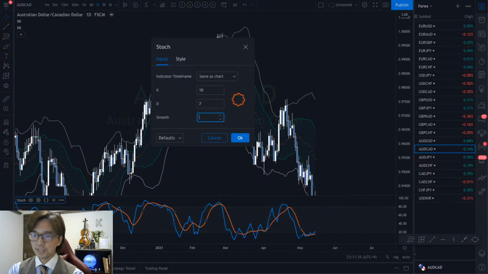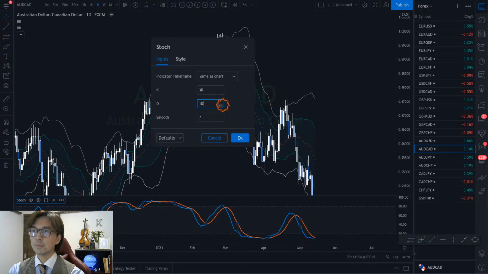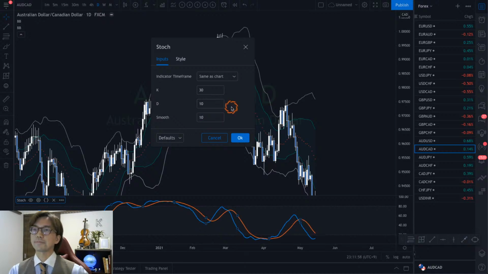I have been switching these indicator settings a lot. I used to use 10-7-7, but still it was a bit too short in terms of the slowing. So finally, I started to use 30-10-10, and I found this setting is the best to capture the edges in lower time frames. So that's why I'm using 30-10-10 simply based on my own experience.